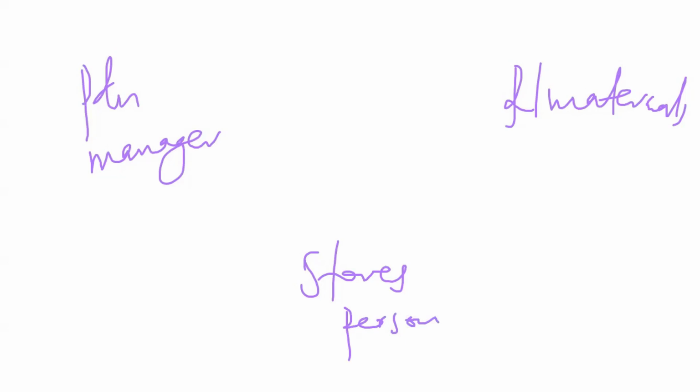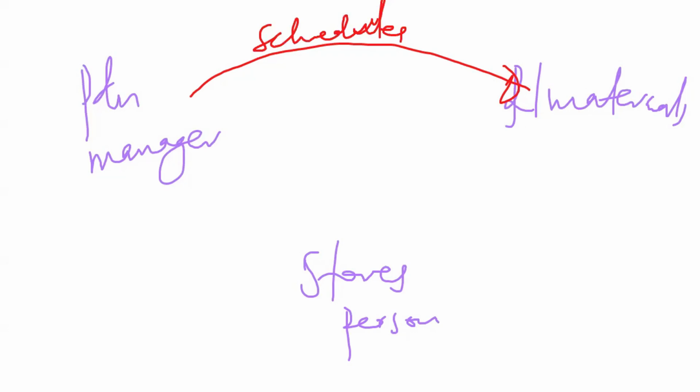So this person here, the production manager, is going to request raw materials. And the reason he's requesting those raw materials is because he has schedules to work on. He has schedules and targets.